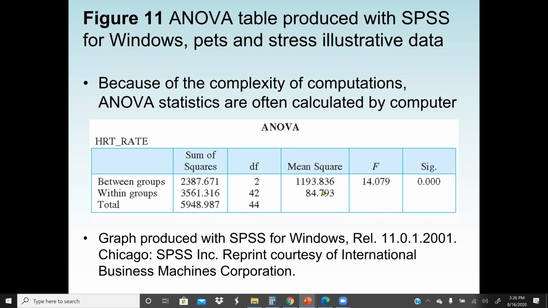Then for the mean square, we have the values for both between groups and within groups. When you are using a computer, we don't need the formula, everything will be given to us. Based on the values given, we are able to find the F to be 14.079, and based on this, we are able to find the p-value.